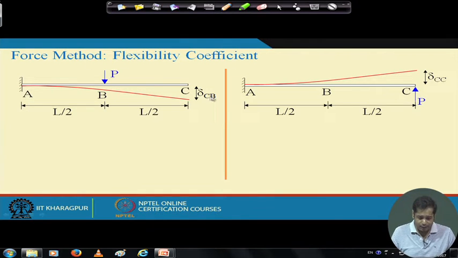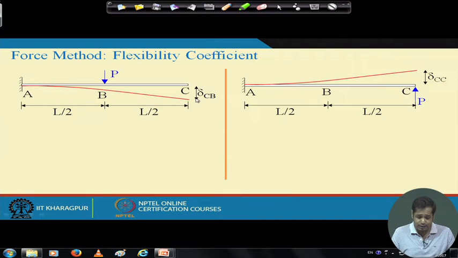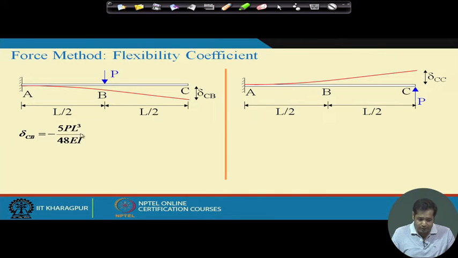Suppose we are concentrating, as I just now said, on what is the force and what is the deformation. Suppose in this case the deformation we are talking about is at C, the displacement at C. That is the deformation we are focusing on. Now, delta CB is the displacement at C due to applied load P, and delta CC is the displacement at C due to the applied load at C. Just now we have seen the expression for delta CB.